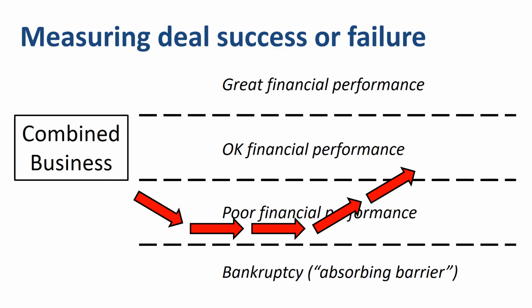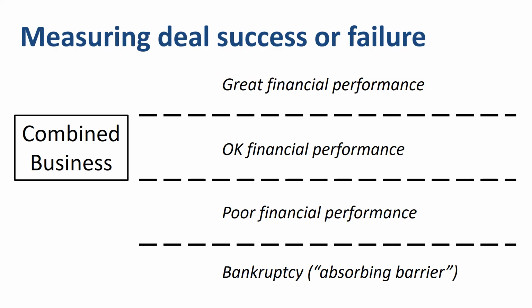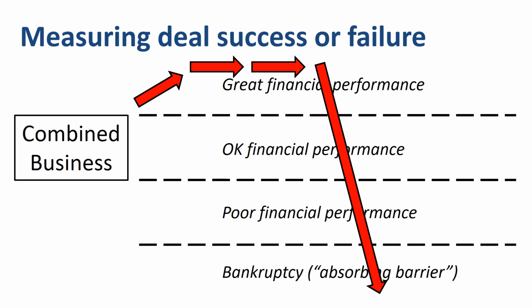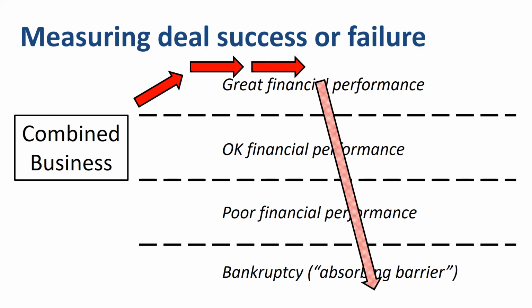A combined business that starts off well could be in the great financial performance zone for a few years, but then hidden risk suddenly materializes and catapults the business into bankruptcy. That's why it's so hard to declare the definitive victory of an M&A deal. The best way to judge the performance in this case is to say that it has gone well so far. The passing of time is great in detecting fragility.